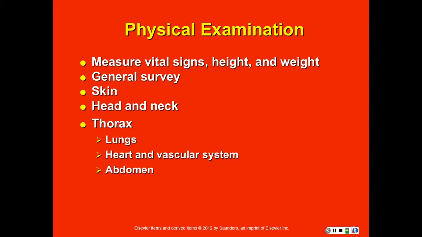When we get to the chest, we want to listen to the lungs. Doing your correct procedure there for listening to all the lung fields. We're looking for shortness of breath, rate, respiratory effort, all those kind of things.